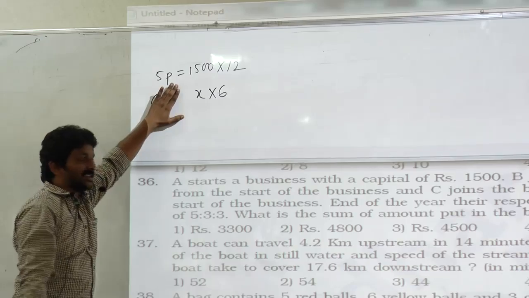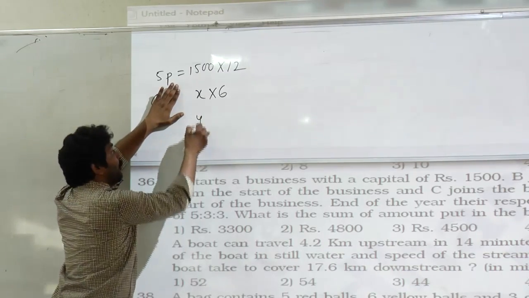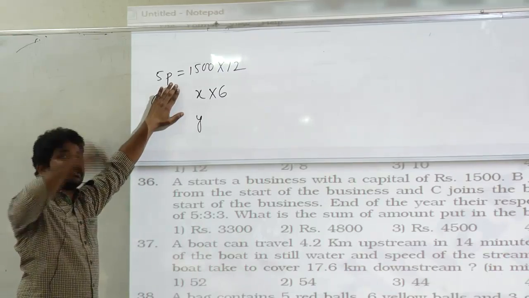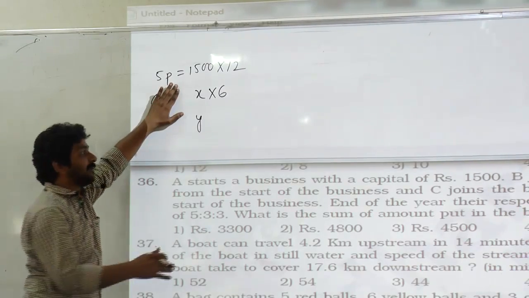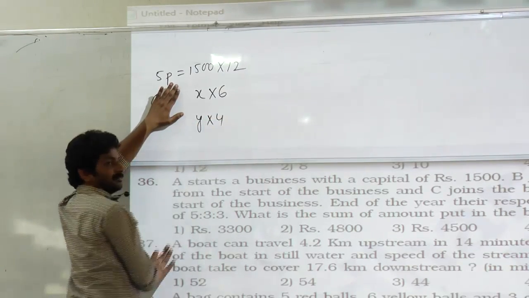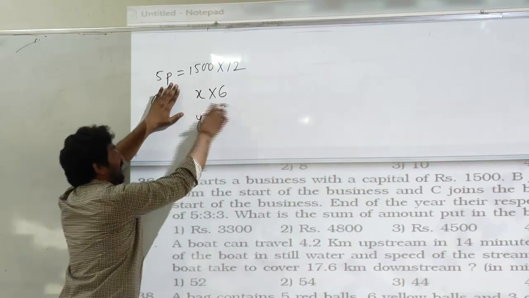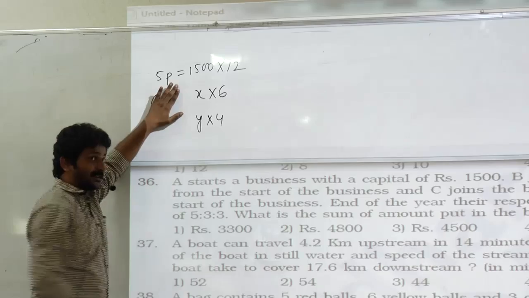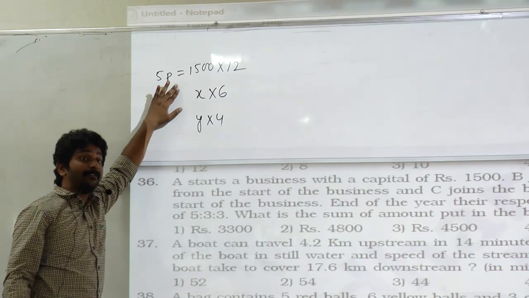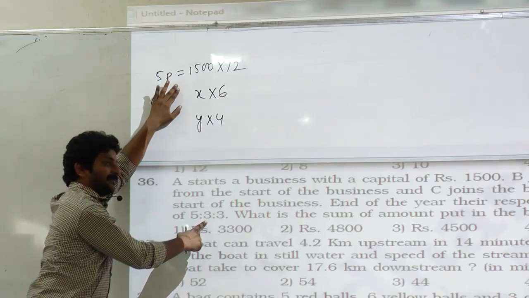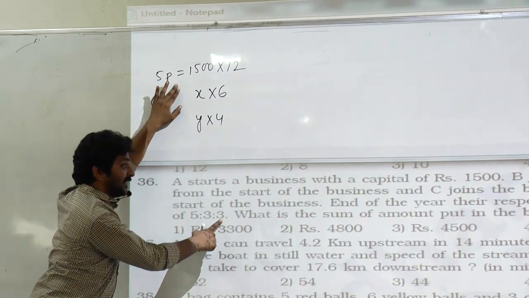And then C invested Y rupees and he joined after 8 months from the start of the business, so he will be there for only 4 months. So this is total investment multiplied by time of B, and this is total investment and time period of C. And out of the total profit, how much is B getting? And how much is C getting?